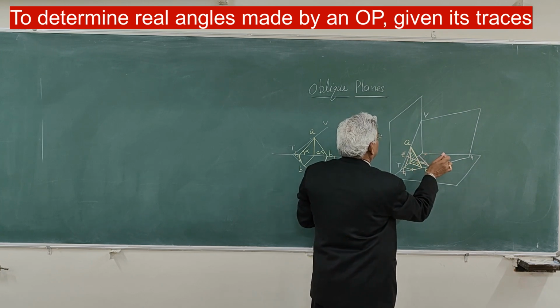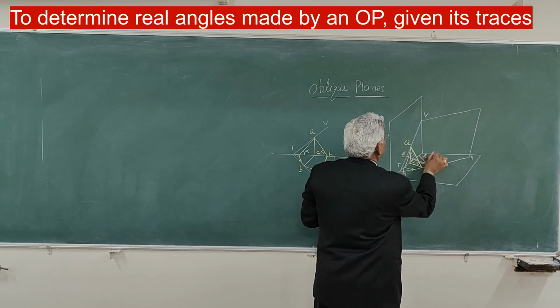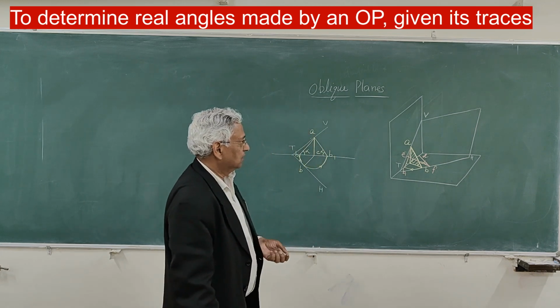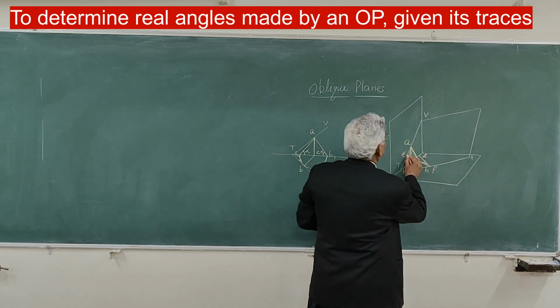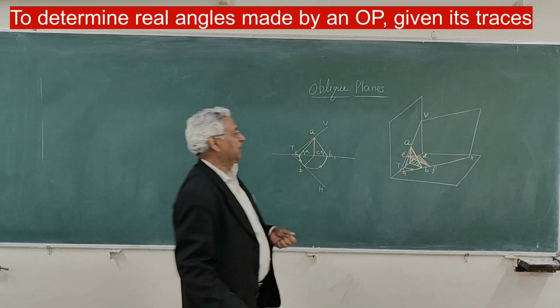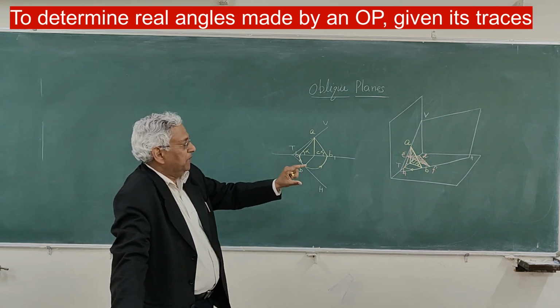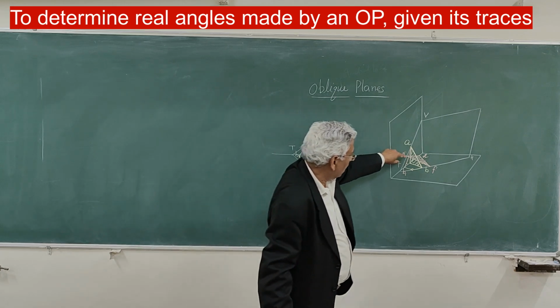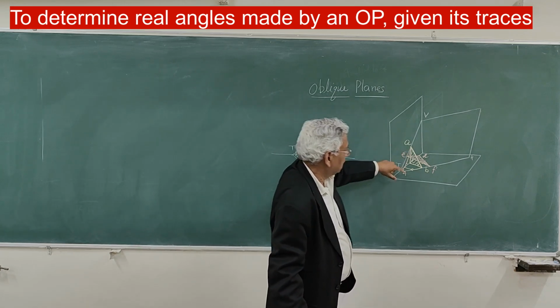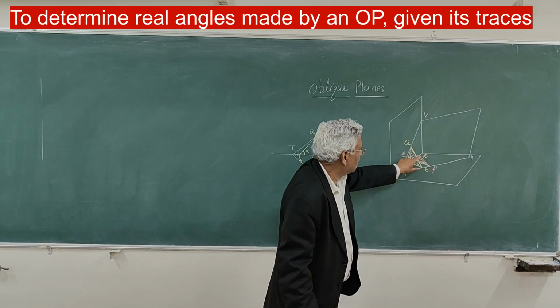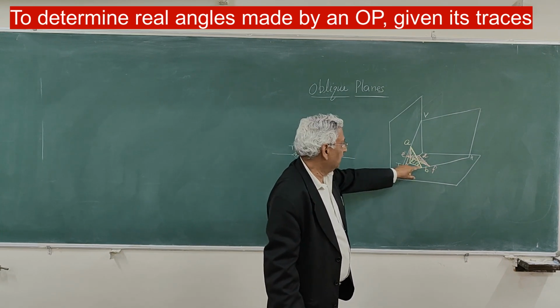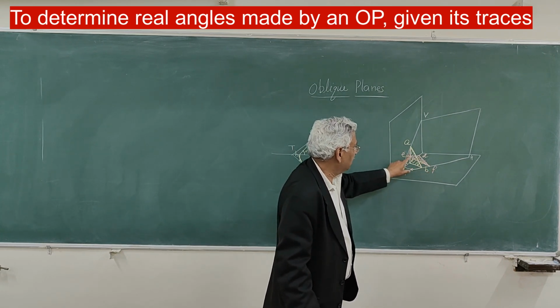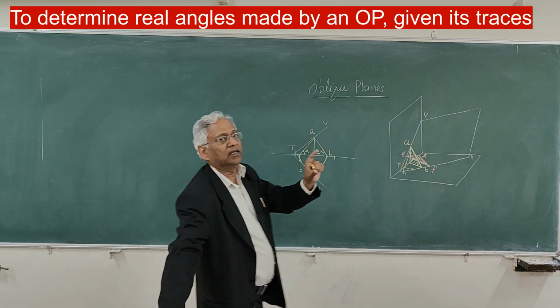Let us say D. Then this is the plate, the plate in the oblique plane and vertical plane, and it will give you the true angle between the line and its projection on the vertical plane. Angle EFD will be the real angle beta.